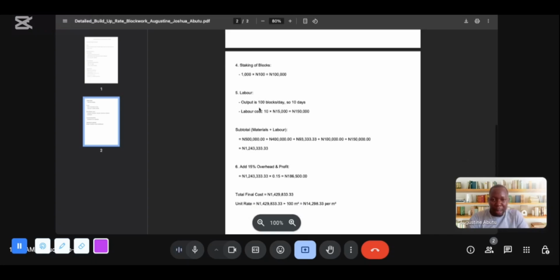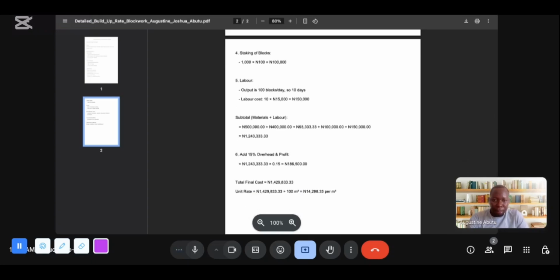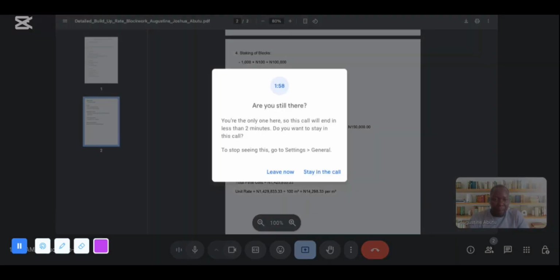Then our final one is our labor cost. A block layer lays 100 blocks in a day, and his daily pay is 10,000. He has a help that helps him to mix mortar and all. His help is semi-skilled, and is paid 5,000.